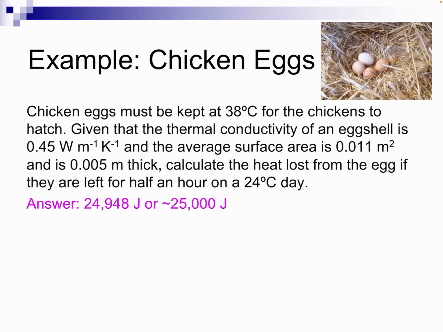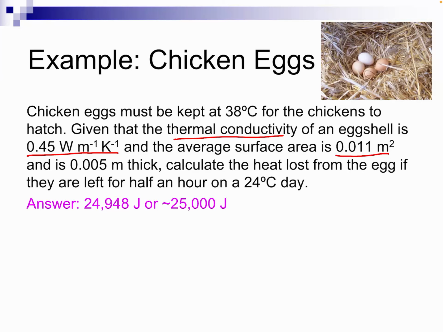Okay, so let's look at this example. We have here chicken eggs. They must be kept at 38 degrees Celsius for it to hatch. Given that the thermal conductivity of an eggshell is given here in the units watts per meter per Kelvin, and the average surface area of an egg is given in meters squared.